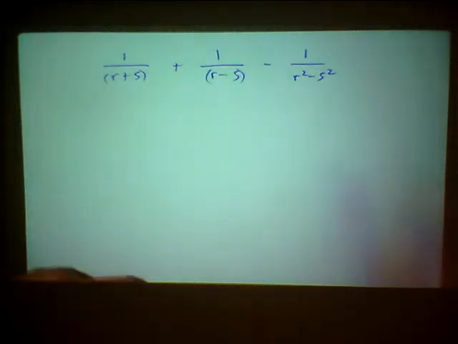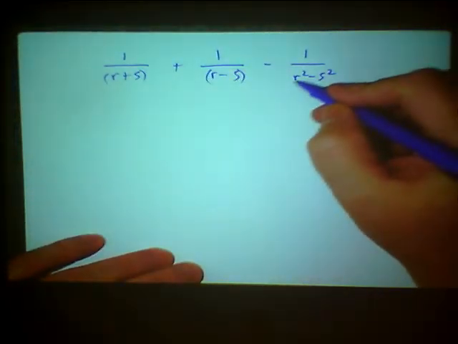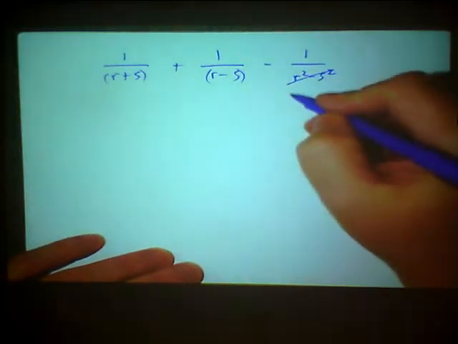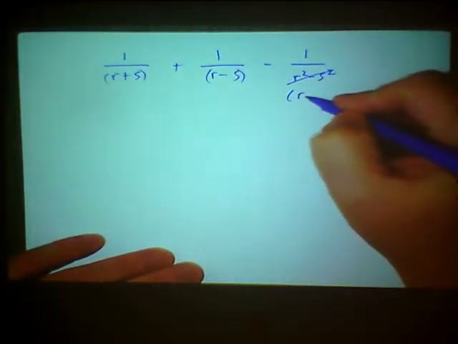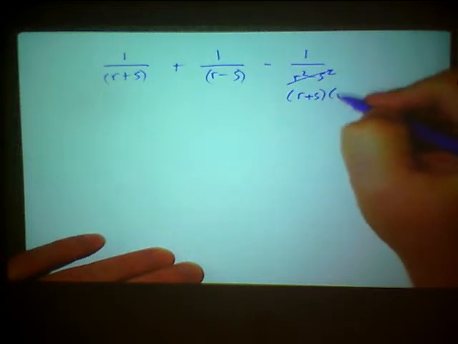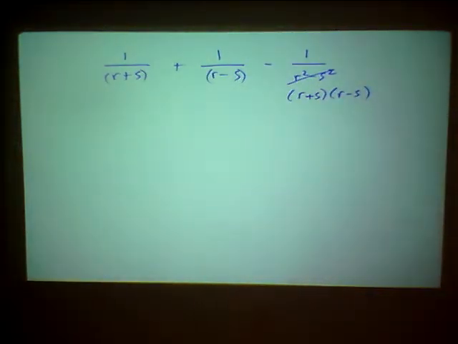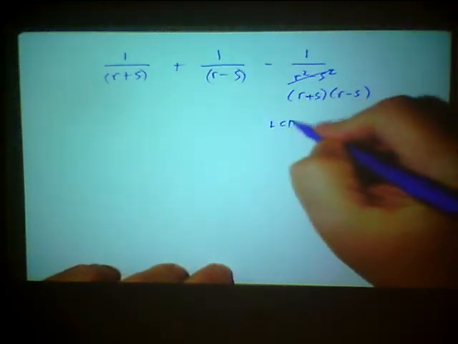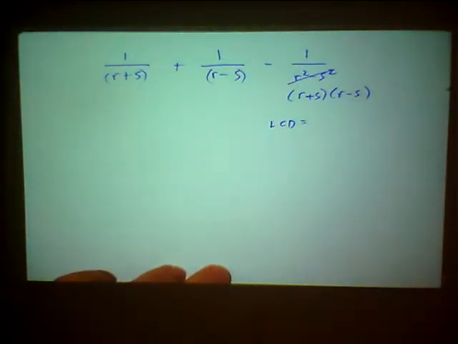That's a difference of squares. Just to save time, let me sort of mark this out and rewrite this as r plus s times r minus s. And now, for my LCD, I have 3 denominators, but the procedure is the same.